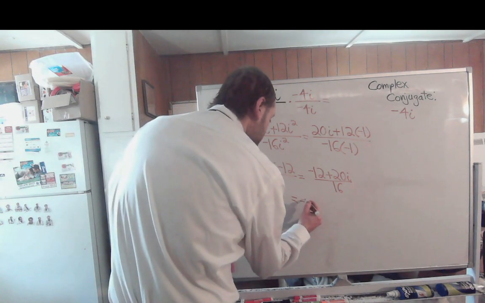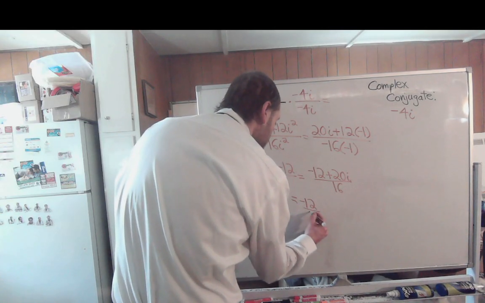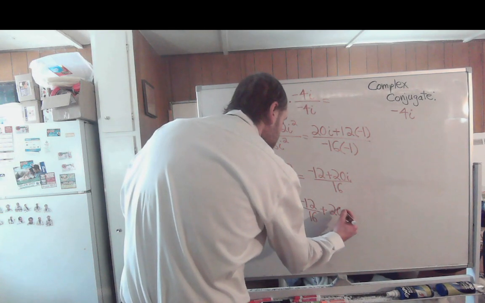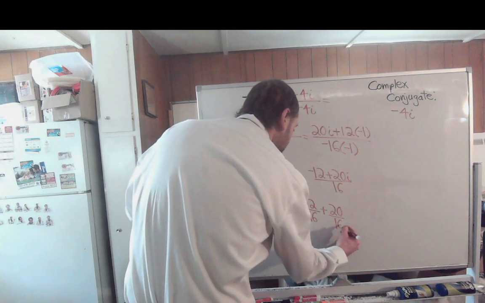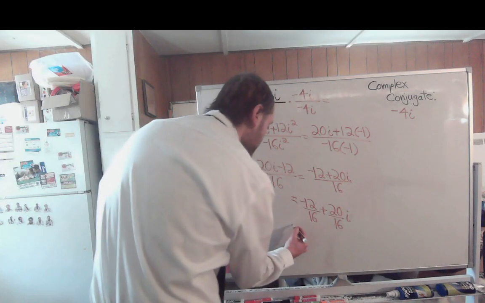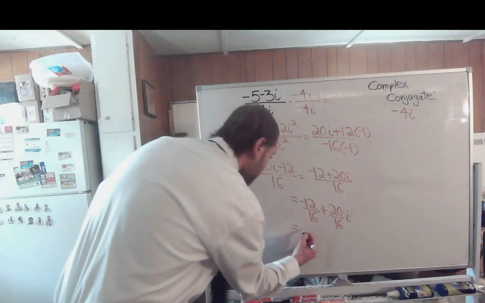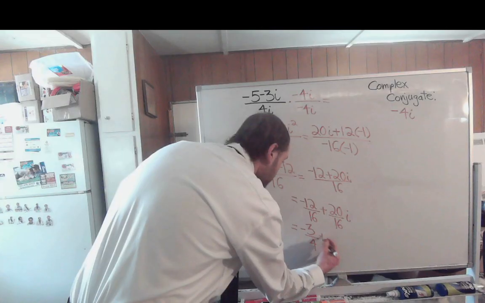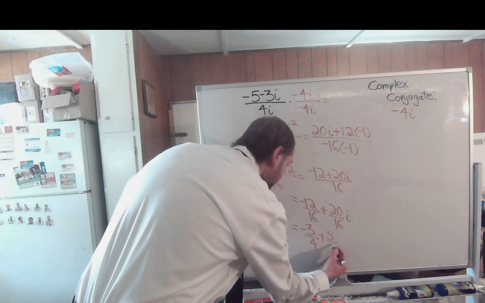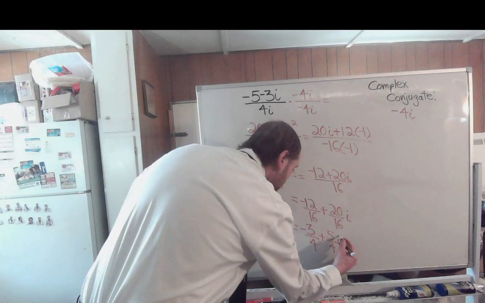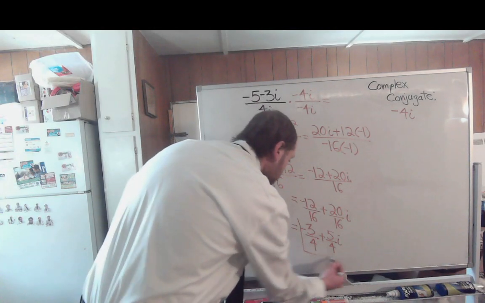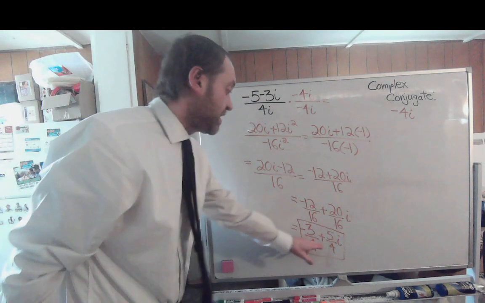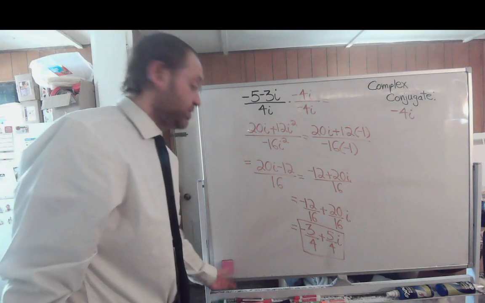If we separate these terms, negative 12 over 16 plus 20 over 16 i, we can divide everything evenly by 4, which would give you negative 3/4 plus 5/4 i. So the complex number in standard form is negative 3/4 plus 5/4 i.